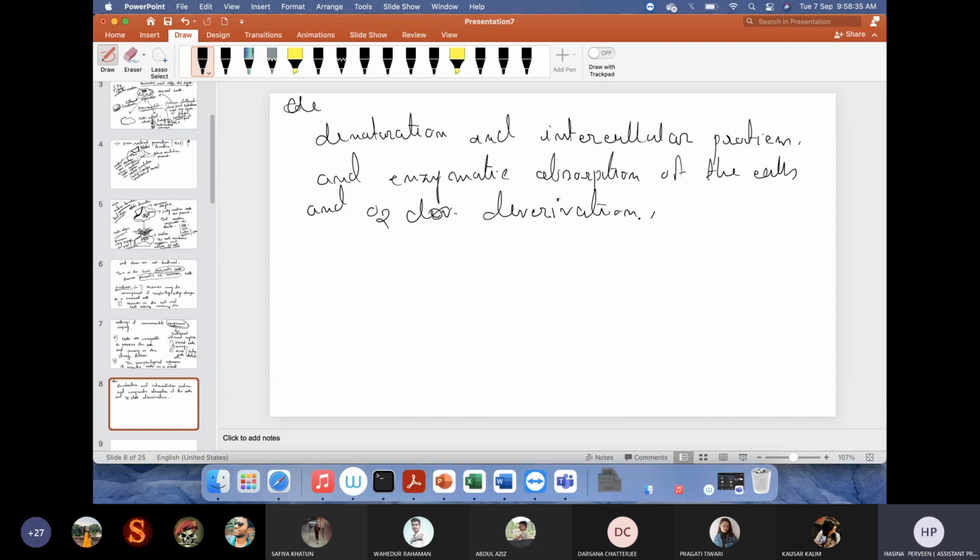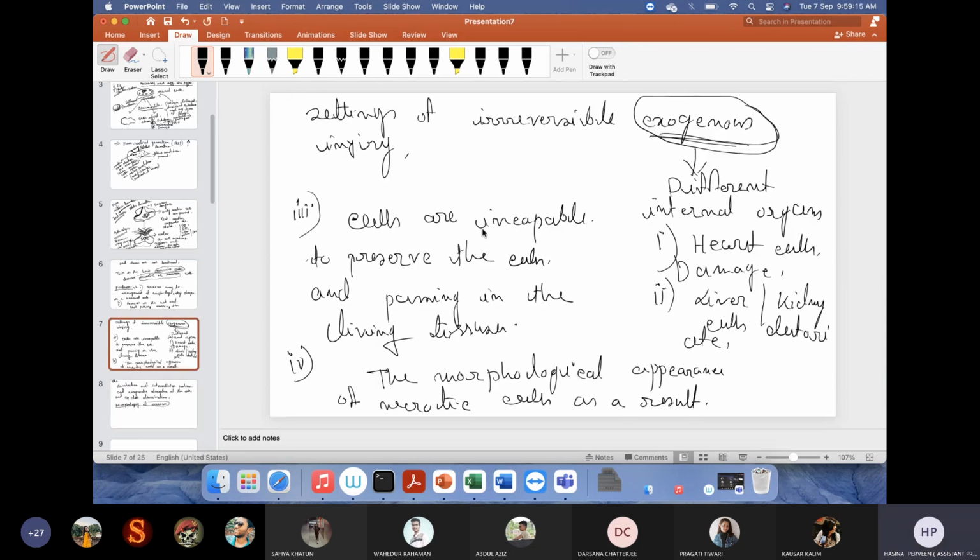Okay. And these are the features of necrotic cells and morphological necrosis changes. Morphologically, that means intercellular cell contents are changed. Okay, this is the morphology of necrosis.